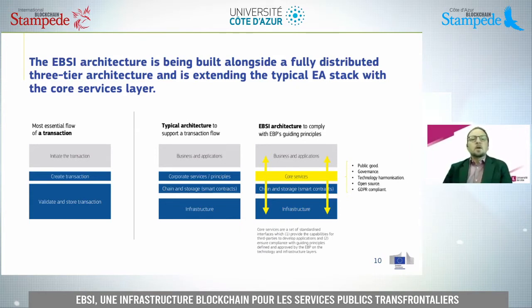Then you can have corporate services and principles to check and create the transaction, respecting some dedicated formats. And then you have the chain and the storage, where you have smart contracts, which come into play to ensure that people are correctly identified, the business rules are respected, and so on. And then the consensus stores the information in the infrastructure.